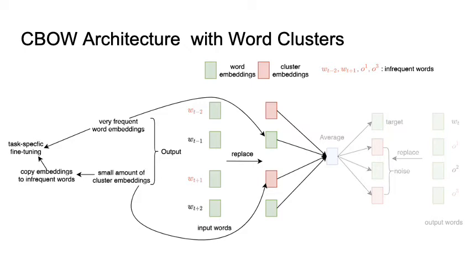Since each cluster has many words, the embedding of each word in that cluster will be copied from their cluster embedding, which means all the words within that cluster share the same embedding. And although in the beginning many infrequent words will share the same embedding, when we apply it to task-specific fine-tuning, they will eventually become different.